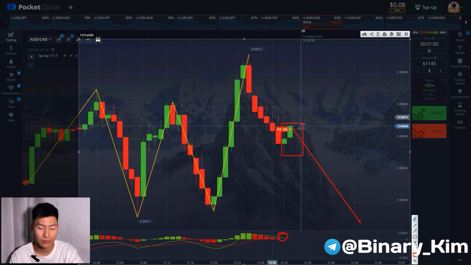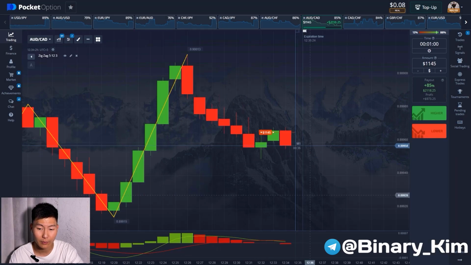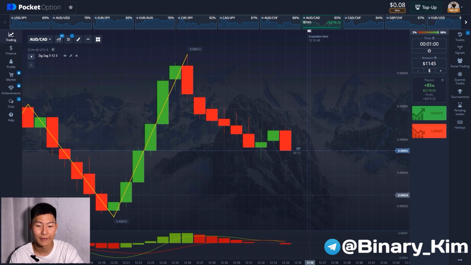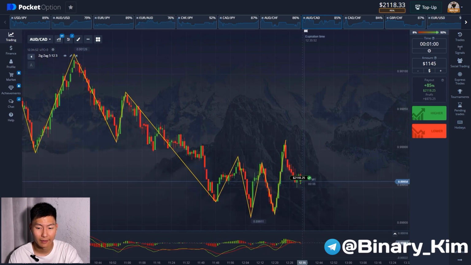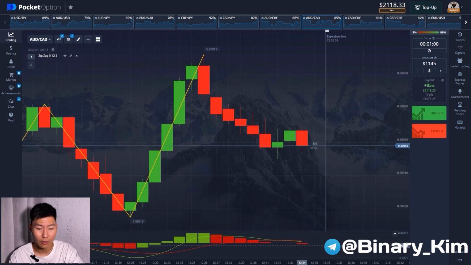The red line crosses the green one to the upside, and at the same time we got this negative histogram, and it goes below level 0, which means the price should go lower, and this is exactly what's happening. And we got it. There are $2,000 on the balance.